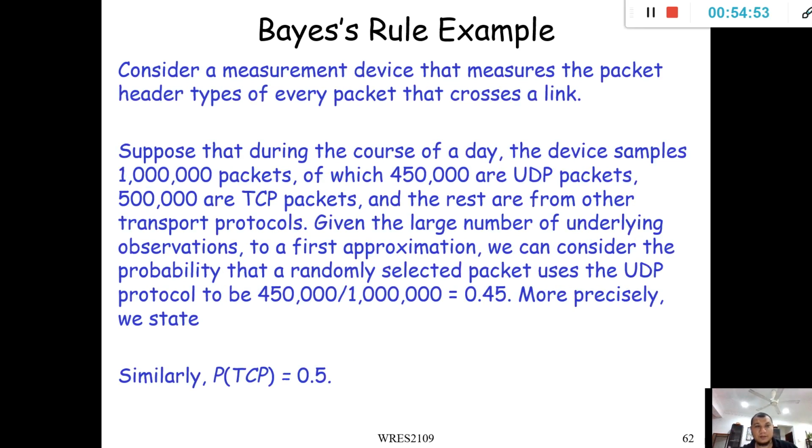Consider a measurement device that measures the packet header types of every packet that crosses a link. Suppose that during the course of a day, the device samples 1 million packets, of which 45% are UDP packets.